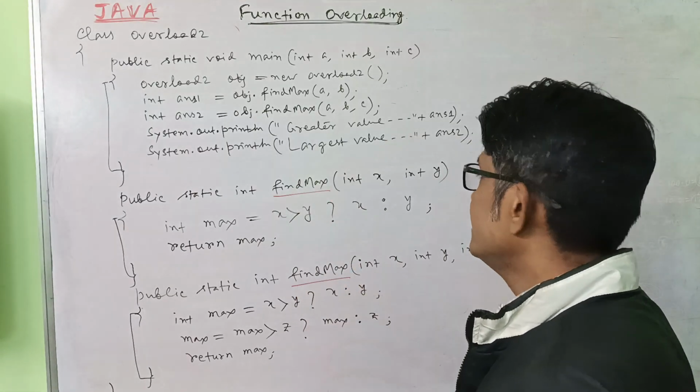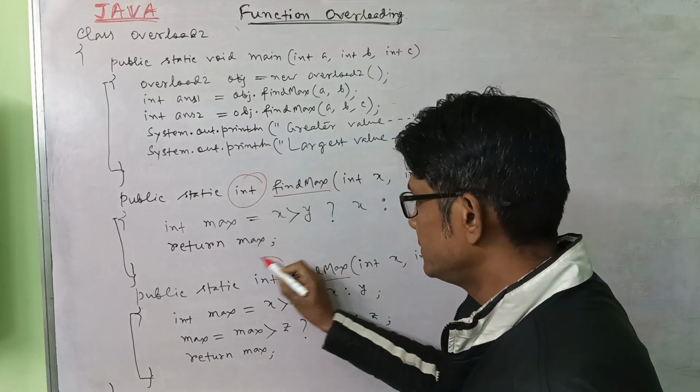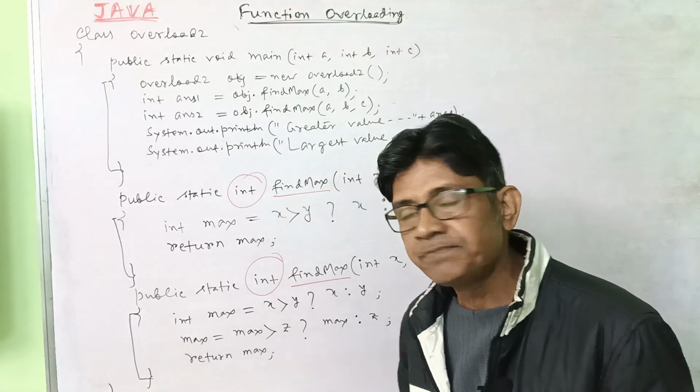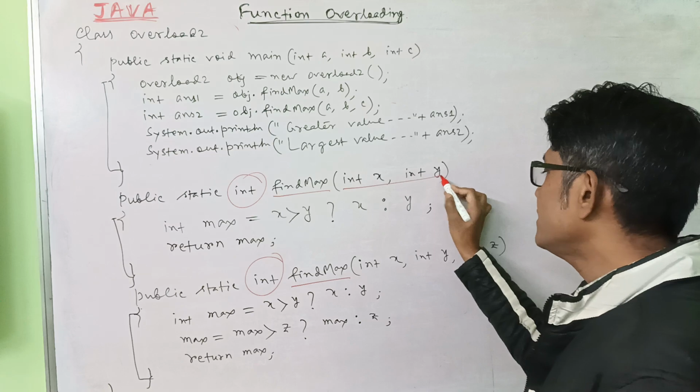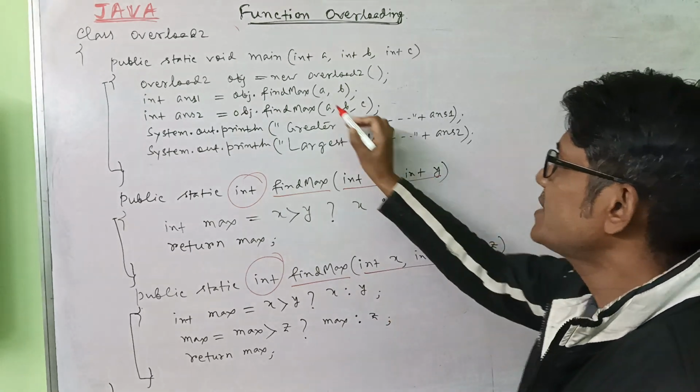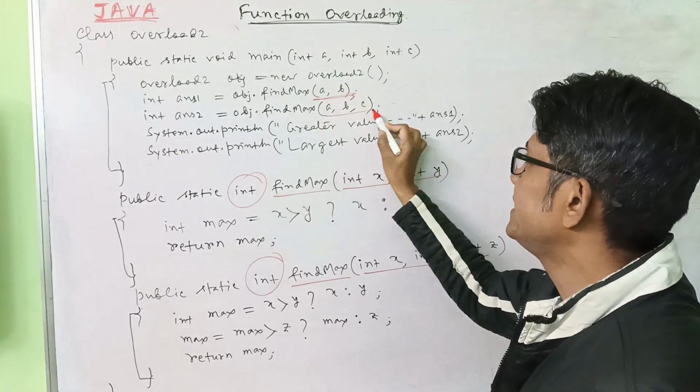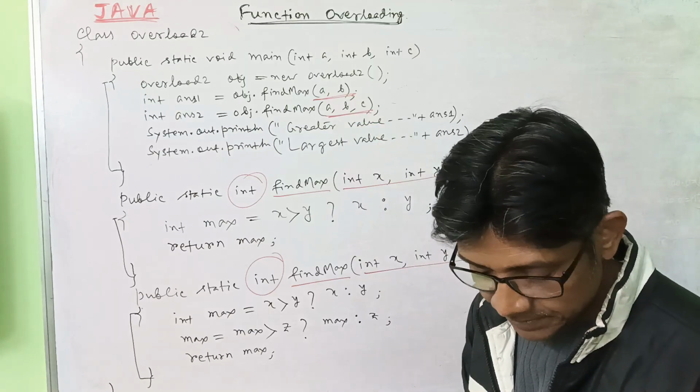Find max and find max, both the functions have a return type. Arguments: 2 integers, 3 integers. So what is this called?